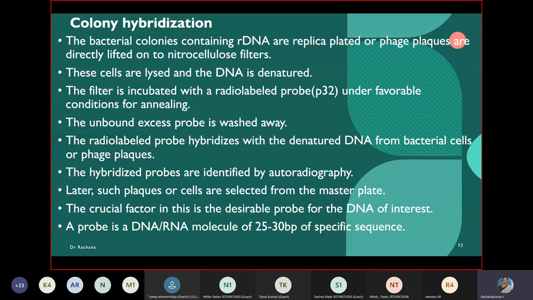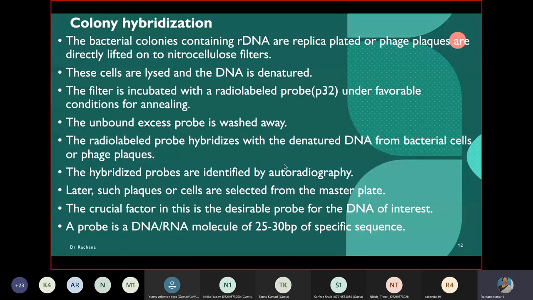The binding of these probes now has to be visualized by exposure to X-rays, and this exposure of the bacterial cells or the phage plaques is what is known as autoradiography. Someone might ask, why auto? Auto is something innate, automatic, because the probe is automatically bound and we had inserted the radioisotope.